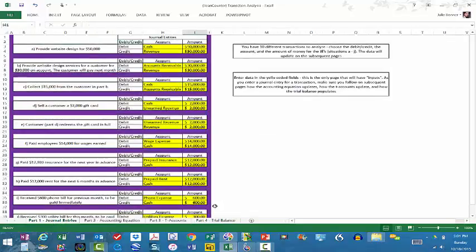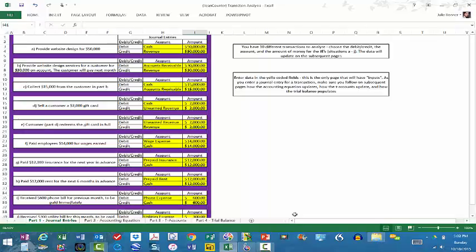With the template, the worksheet that I have on corebridge.com, you can download it. What you're practicing is making sure you get these transactions correctly, and then you can see how they flow through to the other parts of this worksheet, because they're already built for you to put them in the right place.